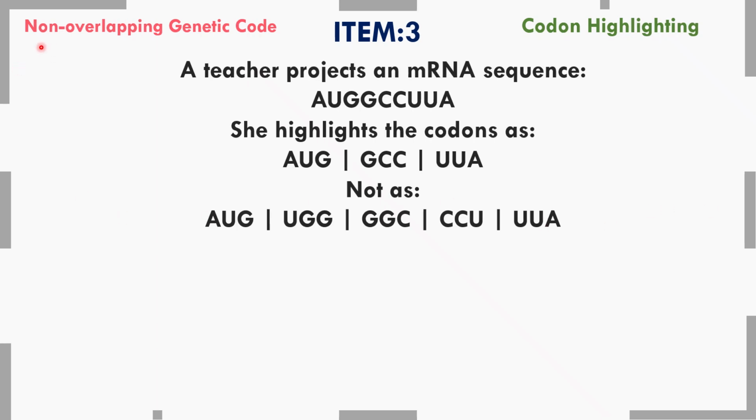Let's now look at the non-overlapping genetic code. We want to explore the codon highlighting. Item 3. A teacher projects a messenger RNA sequence AUGGCCUUA.